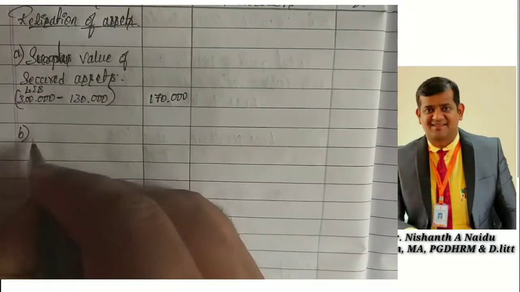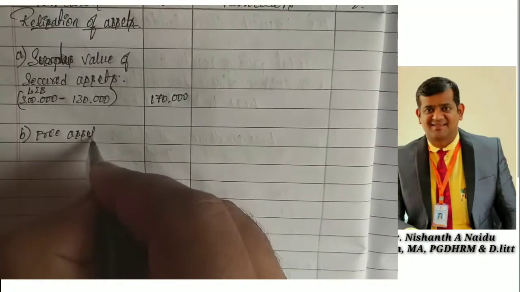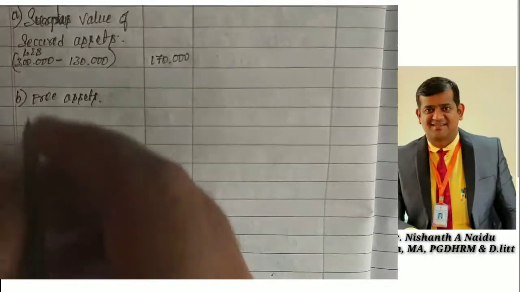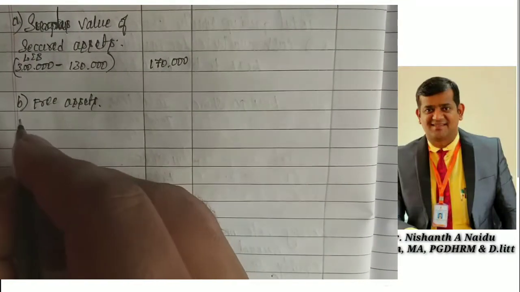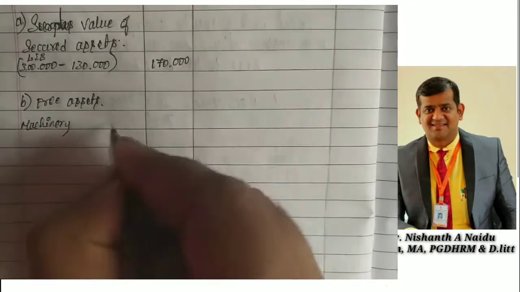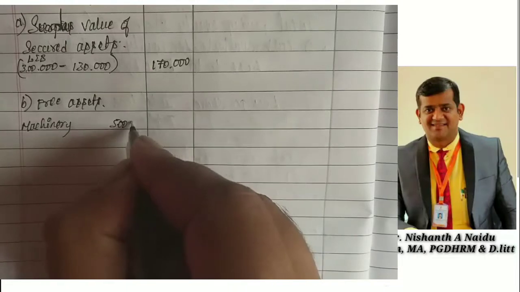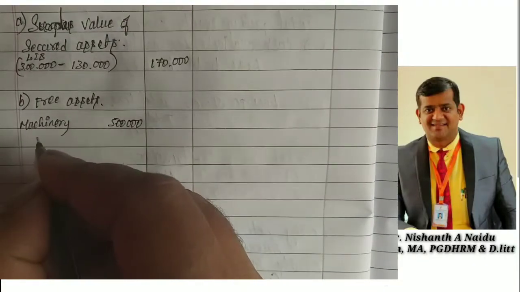Next I am going to write free assets. Let us record all the assets other than land and building. We have machinery realized for 5 lakh rupees. Then we have patents 75,000 rupees.